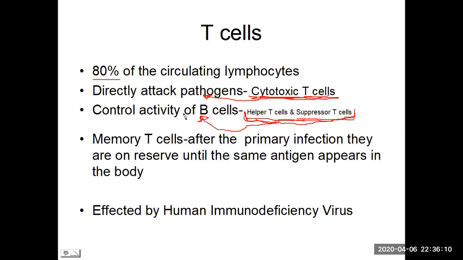And in turn, the B cells then have their function, and we'll discuss that in just a moment. So you can see it's a cascade. Helper T cells detect infection, trigger another type of lymphocyte, and then the B cell has its own distinct function.